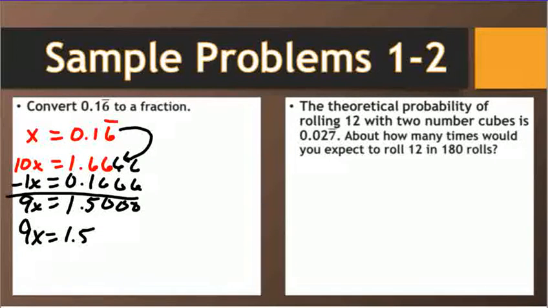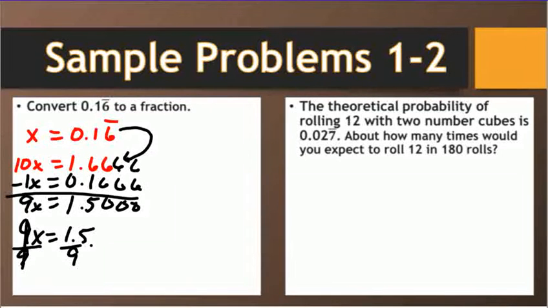So I take my 1.5 and divide that by 9. So 1.5 divided by 9 equals, actually I gotta keep it as a fraction. I can't have a decimal in my fraction, so I have to get rid of my decimal.